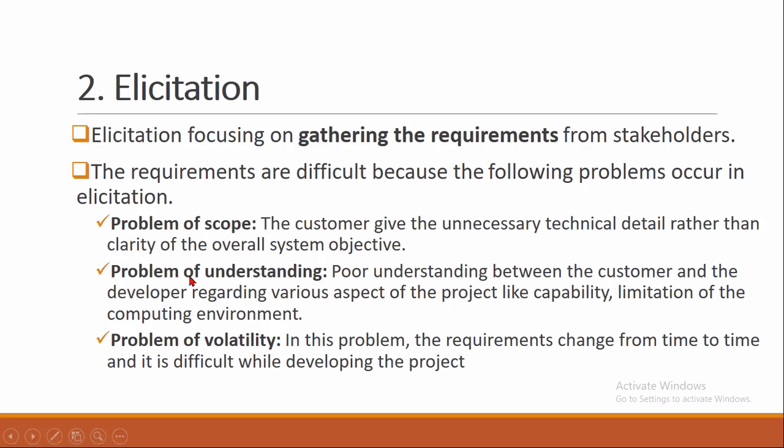Second is the problem of understanding, where miscommunication between customer and developer may happen. Then third is the problem of volatility, where requirements keep changing over time from the customer side. Hence, elicitation requires strong communication skills, and a strong communication between customer and developer.